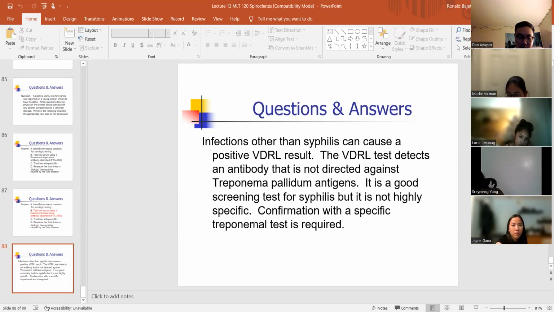On that note, RPR, as I mentioned, is a screening test. Do you know what clinical conditions would also cause the RPR to be positive? Does anybody know?